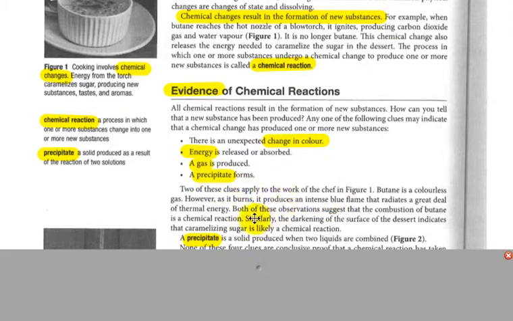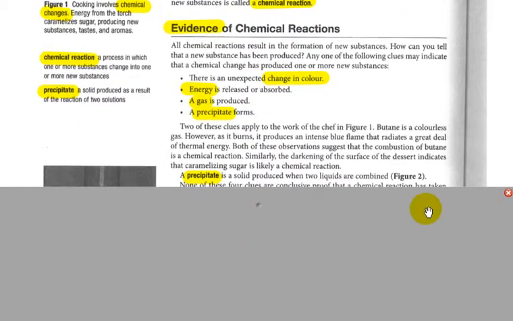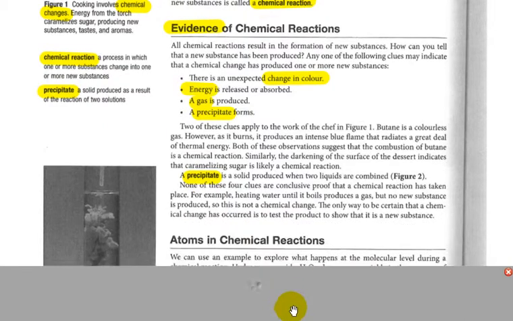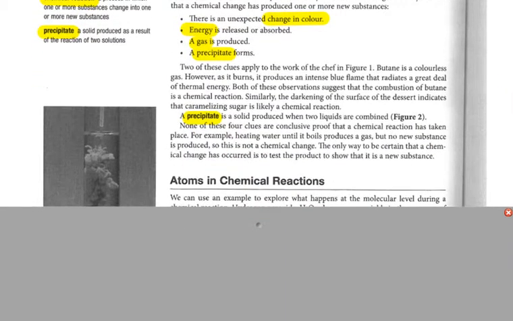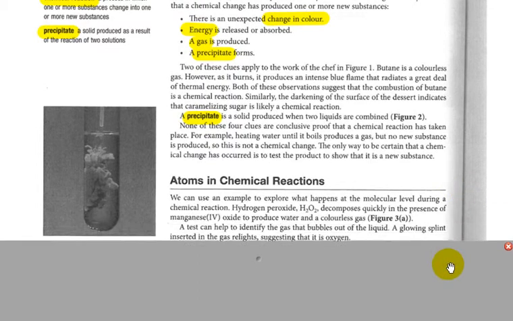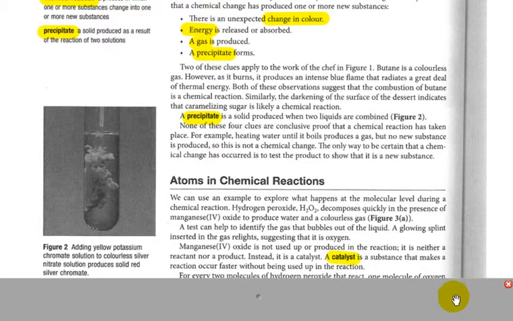Okay, so it mentions here that in cooking, you can see we have something new being formed, so it's a chemical change. Precipitate, again, a solid produced as a result of mixing two solutions. If you look at what happens to atoms in a chemical reaction, they give an example here of hydrogen peroxide breaking down.